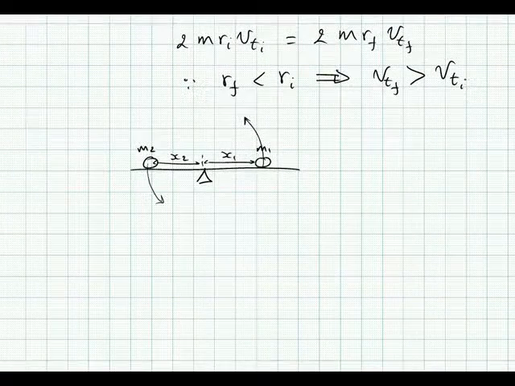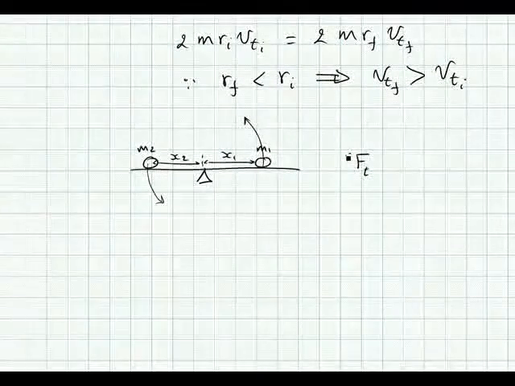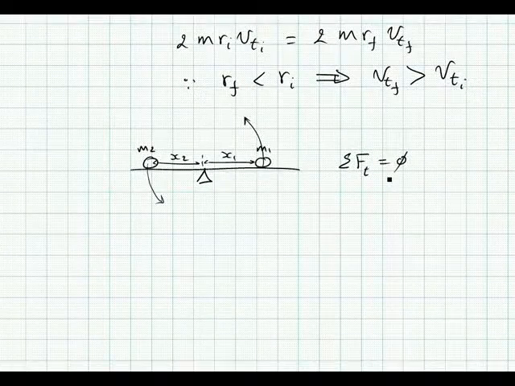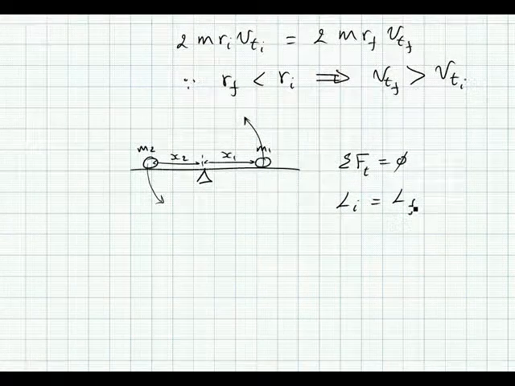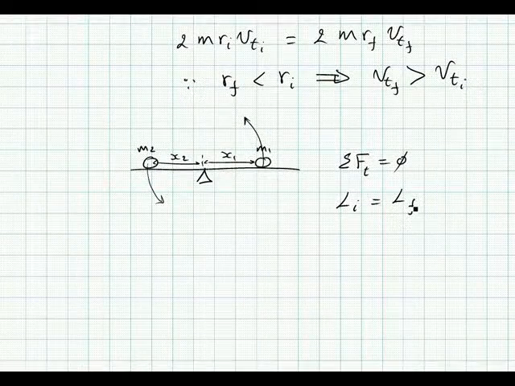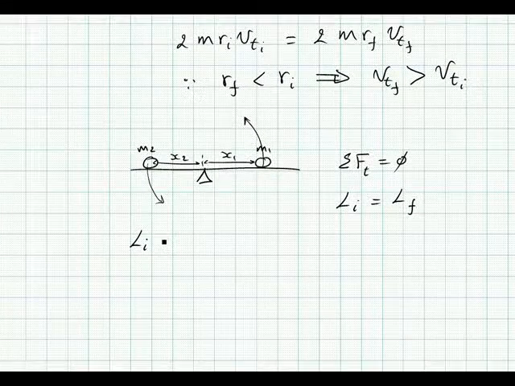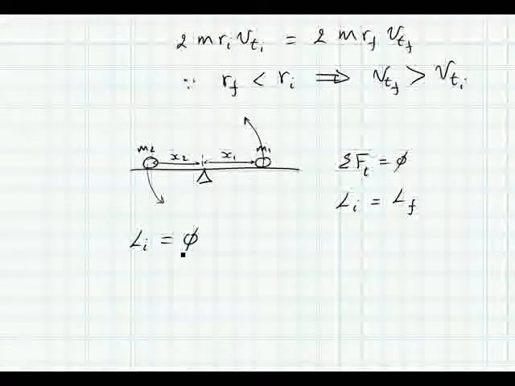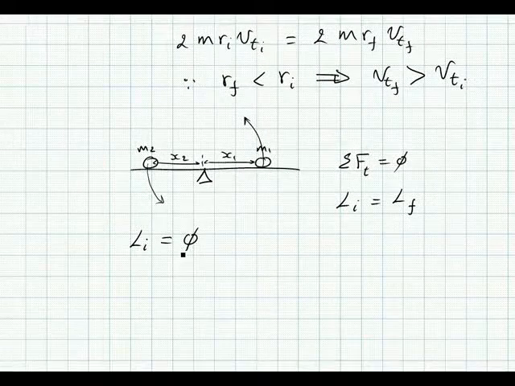So first of all, the sum of F tangential is 0 on the system, so we make use of that fact to say that angular momentum initial must equal angular momentum final, and angular momentum initial is 0 because in the initial situation the two persons are standing at rest on the seesaw.